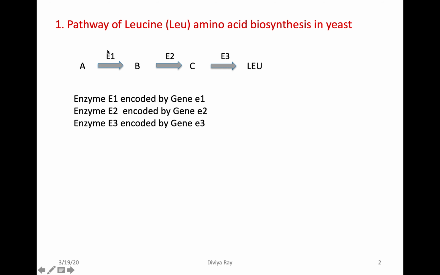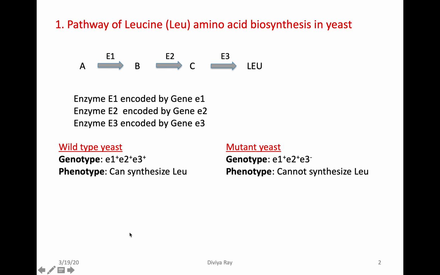The A to B reaction is catalyzed by enzyme E1, which is encoded by gene E1. The B to C conversion is catalyzed by enzyme E2, encoded by gene E2, and C to leucine is catalyzed by enzyme E3, once again encoded by gene E3.